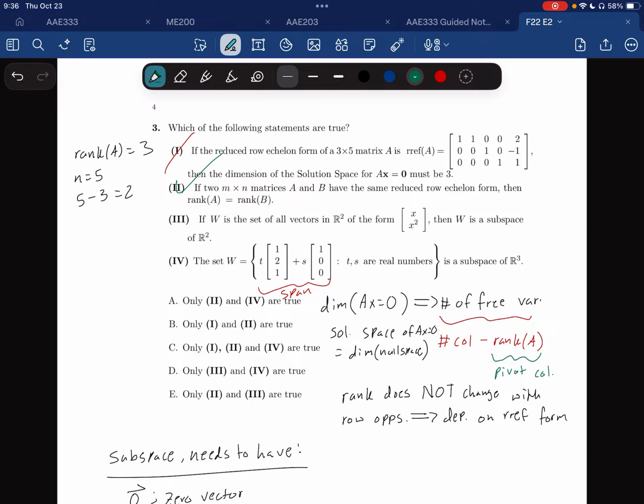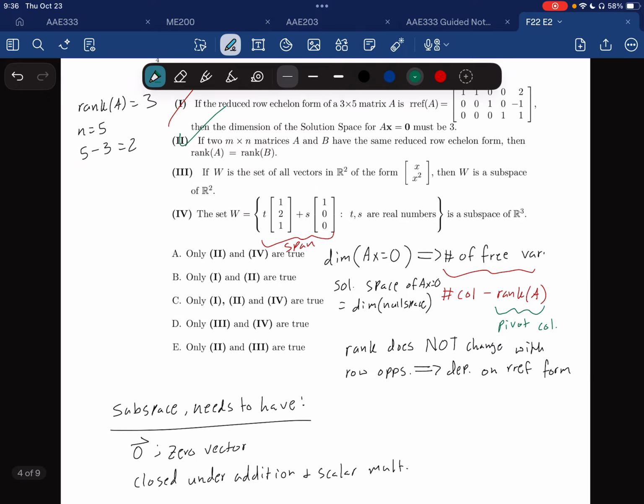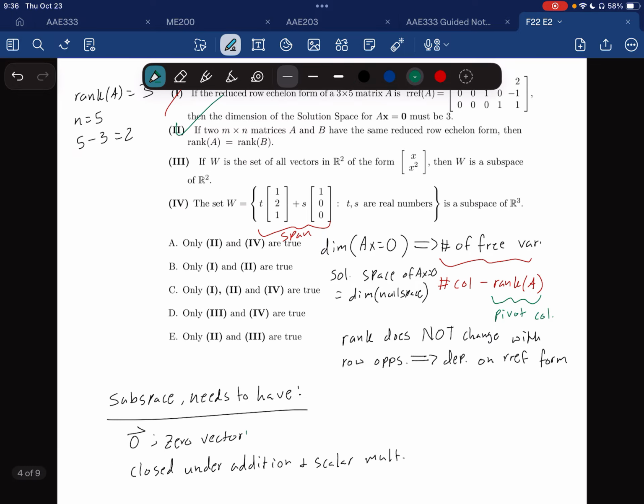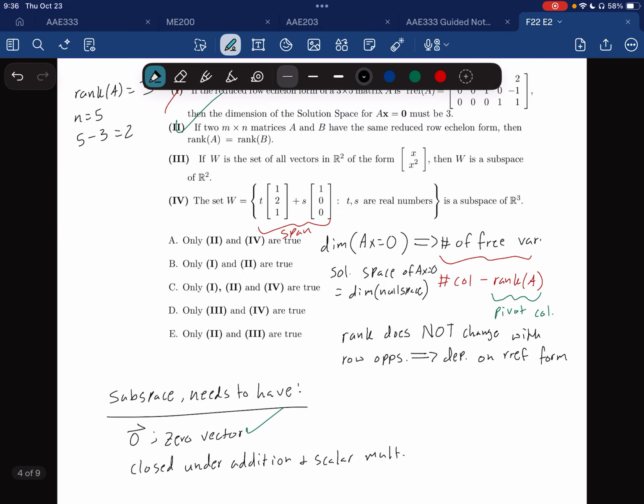All right, let's see option 3. It has a zero vector: if x is 0, the vector is 0. However, it has to be closed under addition. It's easier for me to give you an example. Let's say x equals 1, so our vector is (1, 1).